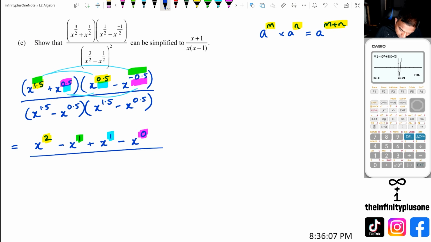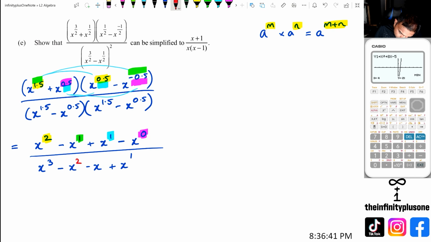As for the denominator, I've got x to the 1.5 and 1.5. That's going to be x to the power of 3 minus x to the power of 1 minus x to the power of 1 plus x to the power of 1. Let me just double check that I've actually done this right. So sorry, no, I've not done that right. Just realized that. 1.5 and 0.5 is actually going to be 2.